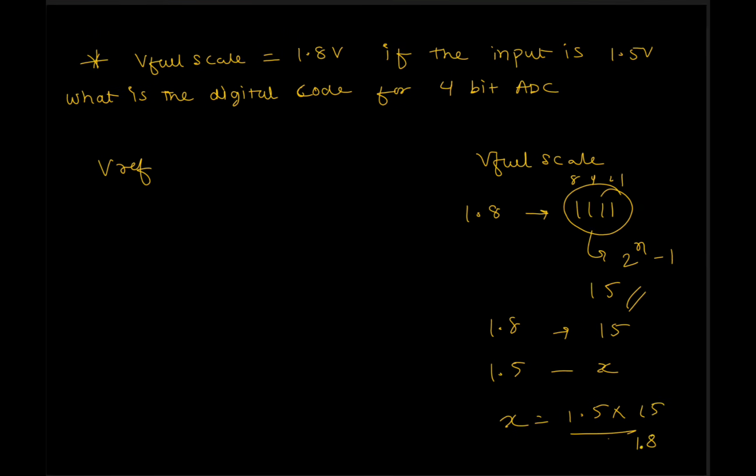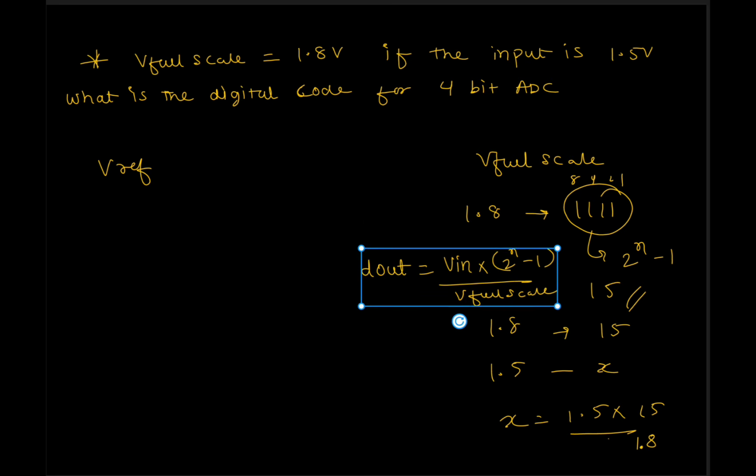From this we can derive the famous formula, that is D out is equal to V in into 2 raised to n minus 1 divided by your full scale.